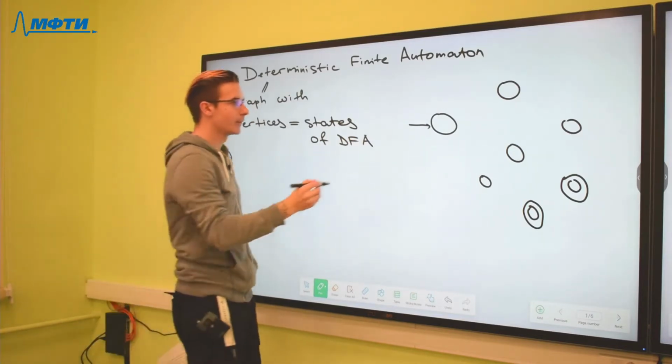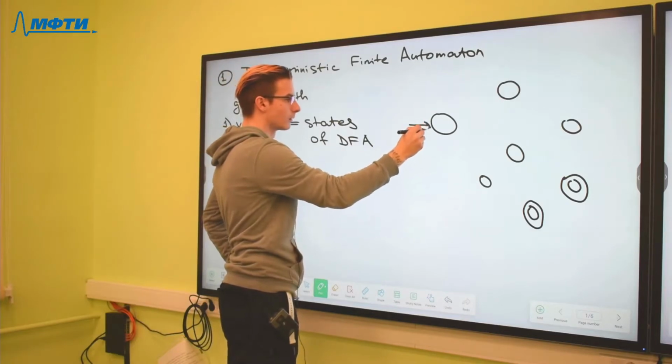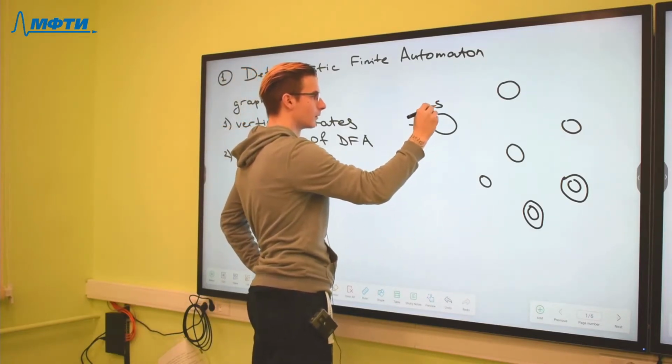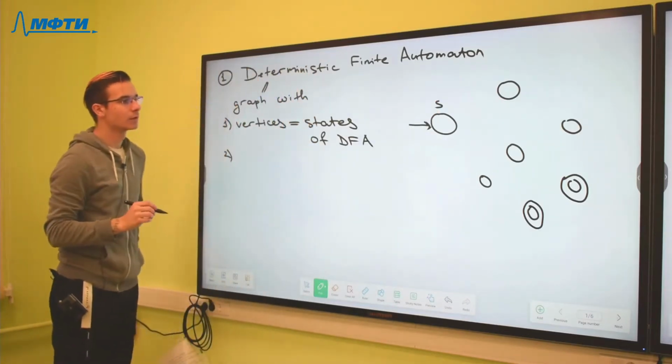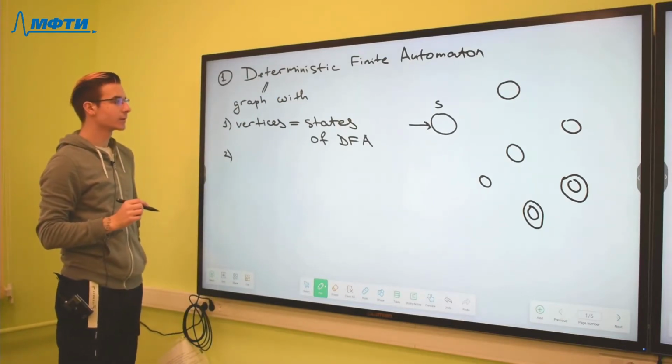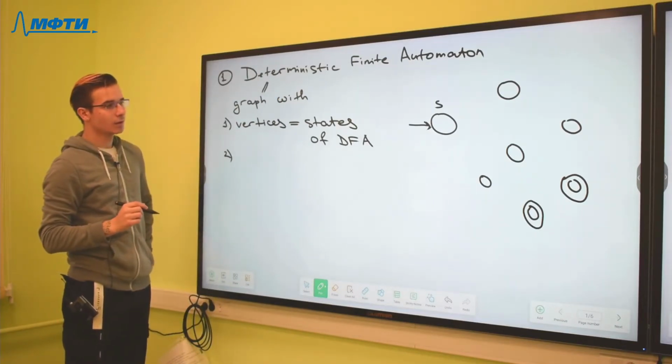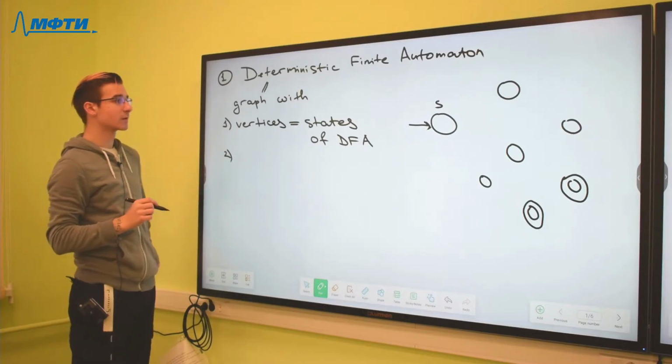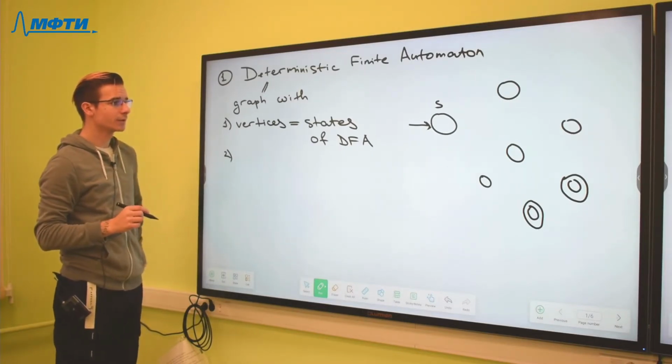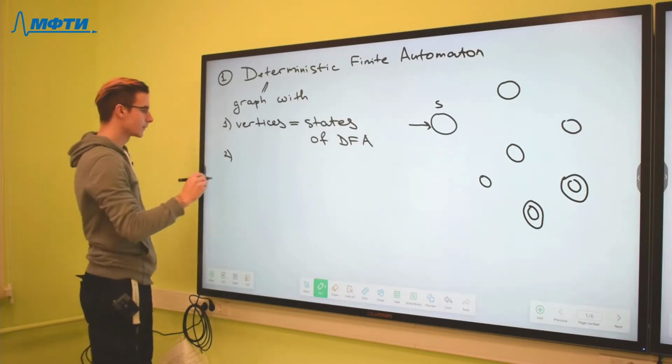We have one vertex that is distinguished from others and named as the initial vertex, the initial state.